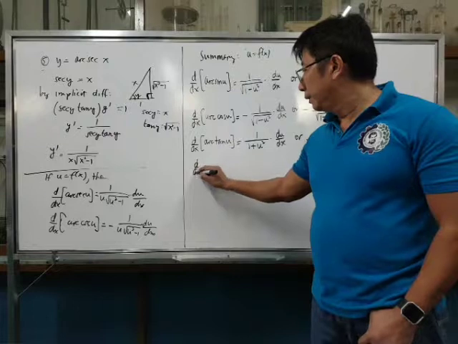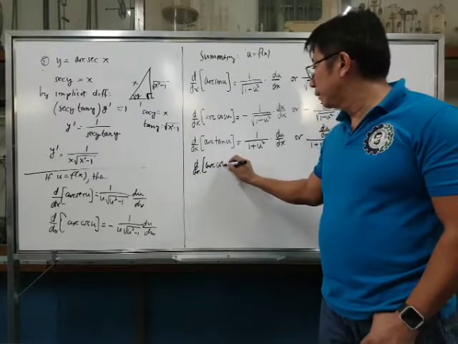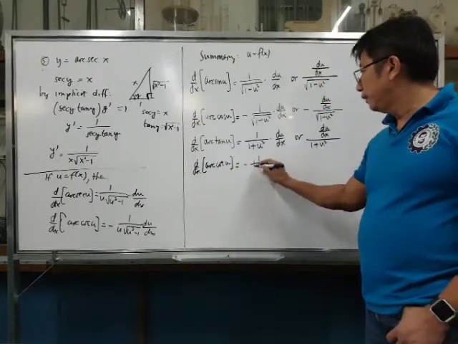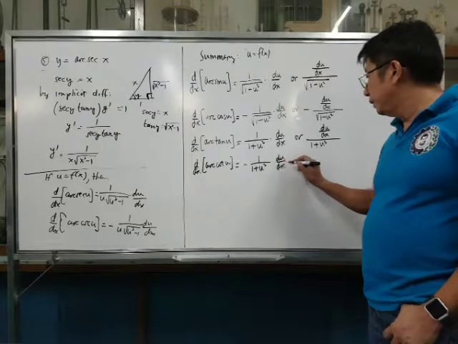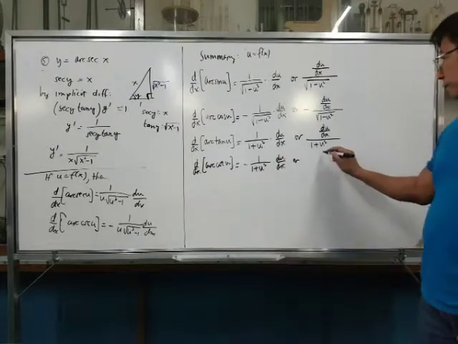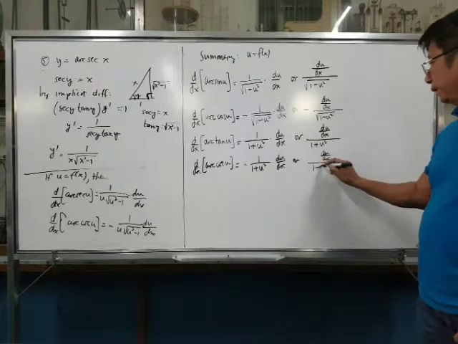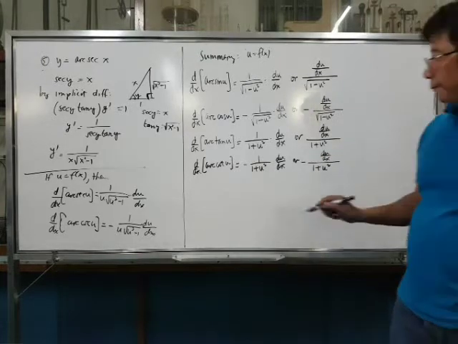The derivative of arc cotangent u is equal to negative 1 over 1 plus u squared times du dx, or that is equivalent to the derivative of u with respect to x over 1 plus u squared, but we have a negative sign.